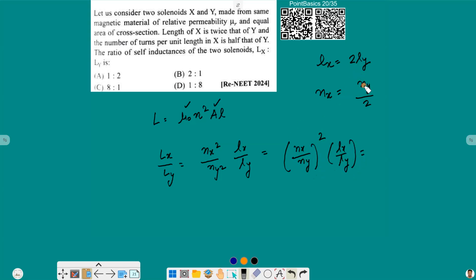From this, Nx by Ny is half, and the square of that is 1 by 4, into Lx by Ly which is 2. So it will be 1 by 2, or the answer will be 1:2. Let's move to the next one.